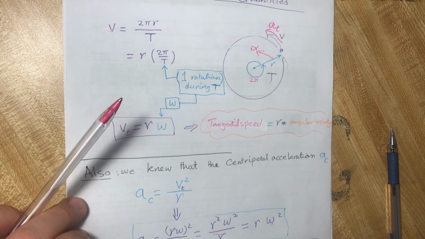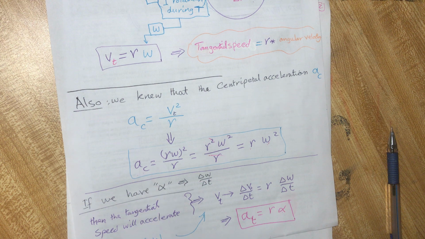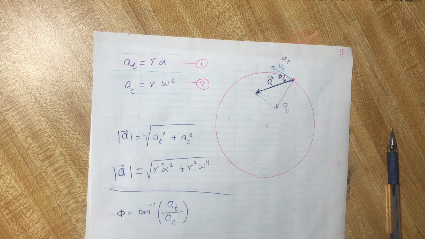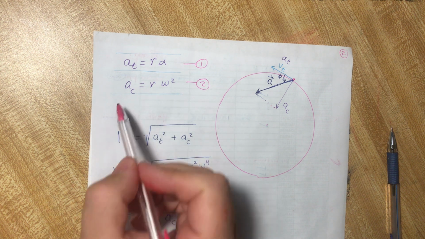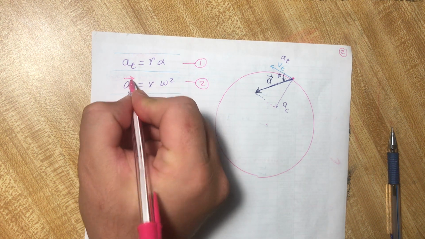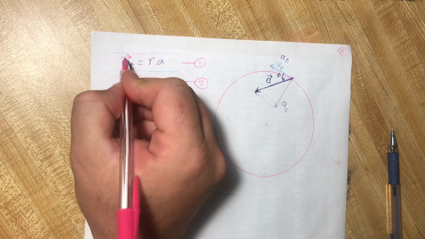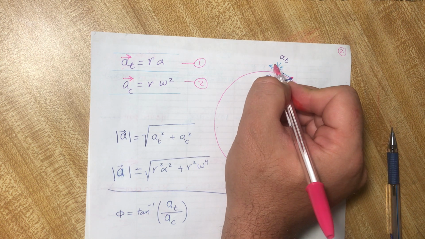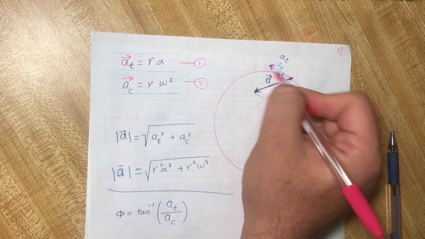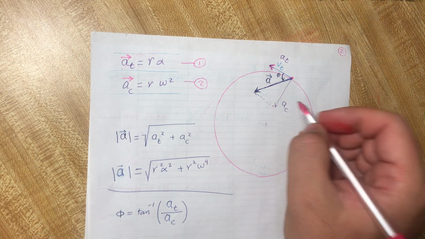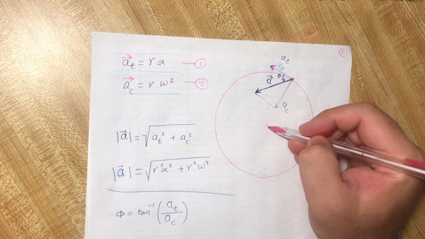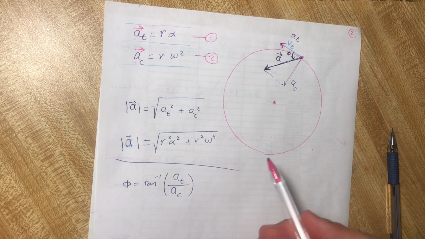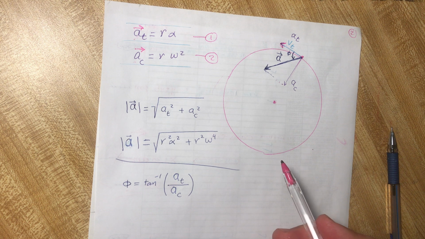This is a_c and this is a_t. Okay, we have two accelerations now. This acceleration is a vector, and this acceleration is also a vector, but the direction of a_t is tangential to the circle edge, and a_c is directed to the center of the circle. We need to find the resultant acceleration for this motion.